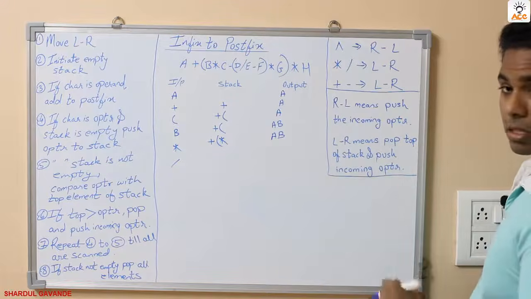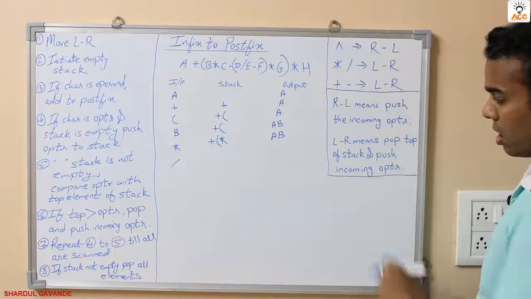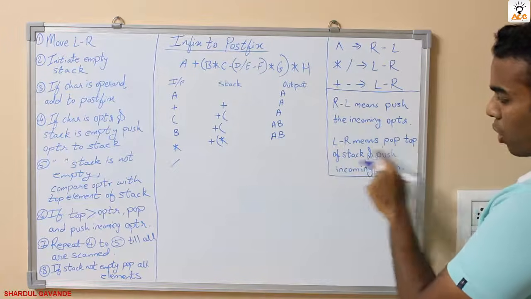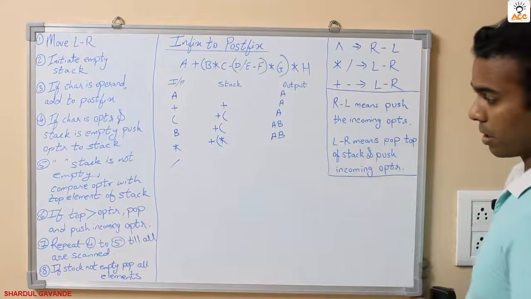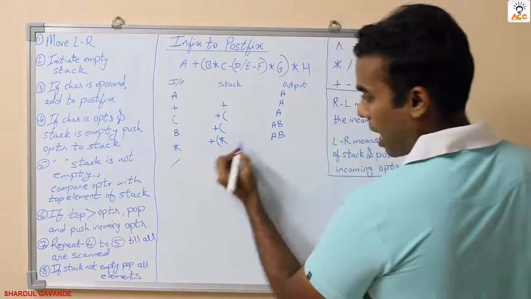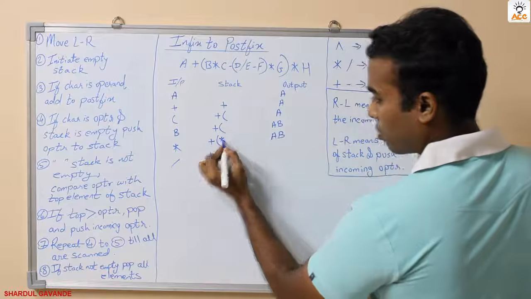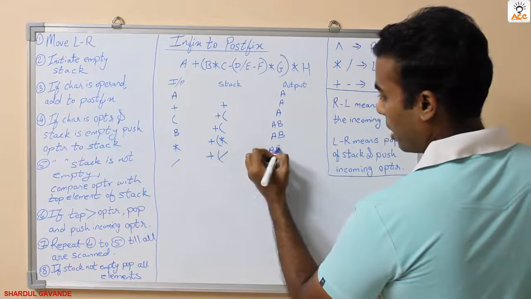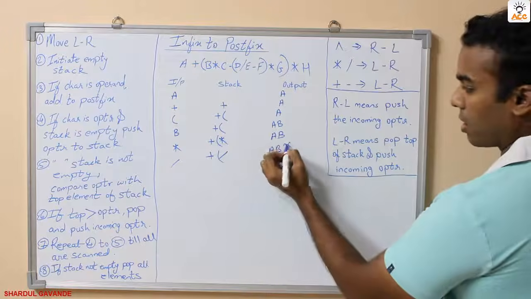Then what do I have to check? Then go for the associativity rule. Associativity rule is from left to right. Left to right means pop the top of stack and push the incoming operator. Pop the top of stack means this would be popped out and push the incoming operator. So here it will be AB star.